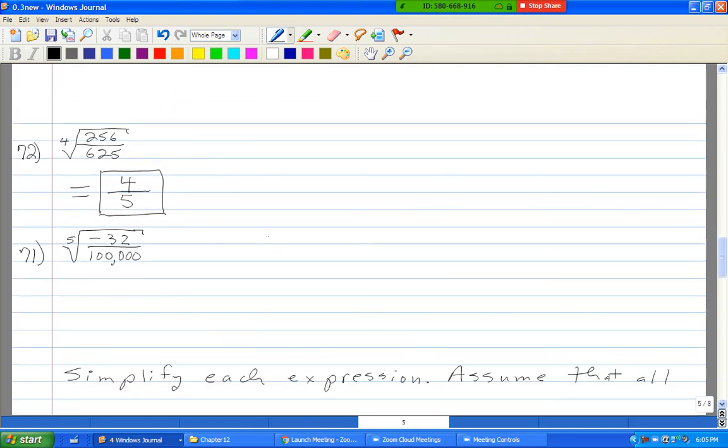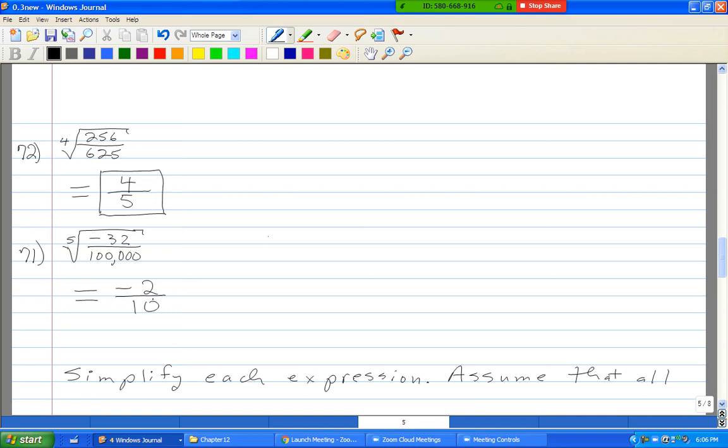Let me do problem number 71. The 5th root of negative 32 over 100,000. Well, the 5th root of negative 32 is going to be negative 2. Negative 2 times negative 2, positive 4, times negative 2, negative 8, times negative 2, positive 16, times negative 2, negative 32. So the 5th root of negative 32 is just negative 2.